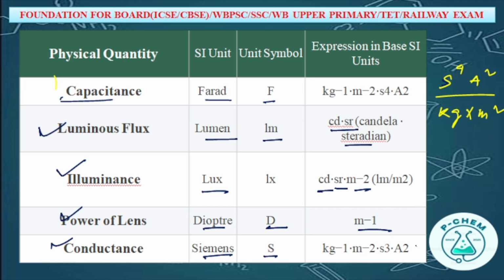We can write second to the power cube ampere square by kg meter square.